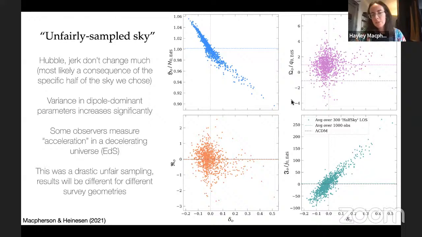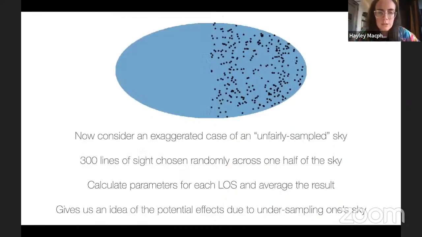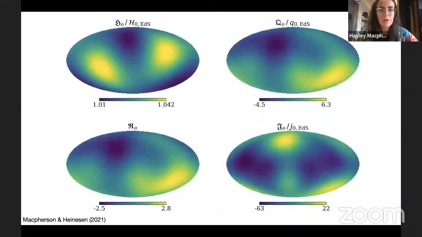So these are the same plots we were looking at before, but for this unfairly sampled sky, averaging over one half. We'll notice that the Hubble parameter and the jerk look basically the same. The reason is the specific anisotropic contributions that dominate those parameters. If we think back to the maps I had before, I might just flick back to them.